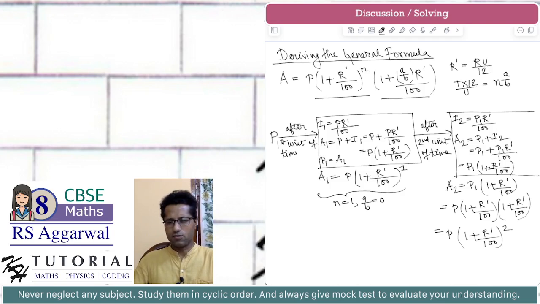In the diagram you can see there are two complete units of time, so this is the scenario for n equals to 2 and a by b equal to 0. The formula becomes P into 1 plus R dash by 100 squared, which is as per the general formula. If you put n equals to 2 and the fraction a by b as 0, you will get the same results.